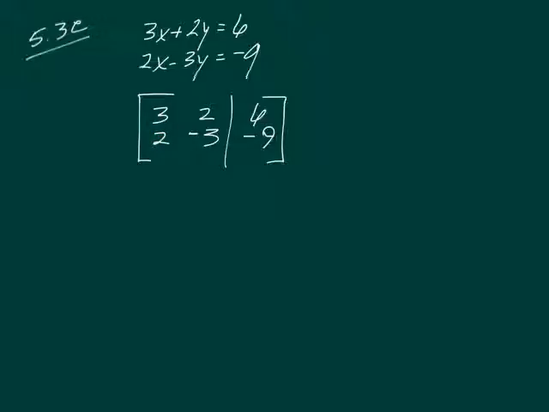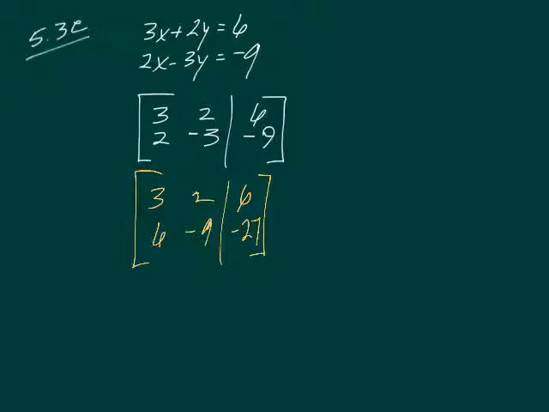So let's go ahead and do that. Let's leave the top row alone, and I'm going to multiply the bottom by a 3. So then this will change to a 6, a -9, and a -27.